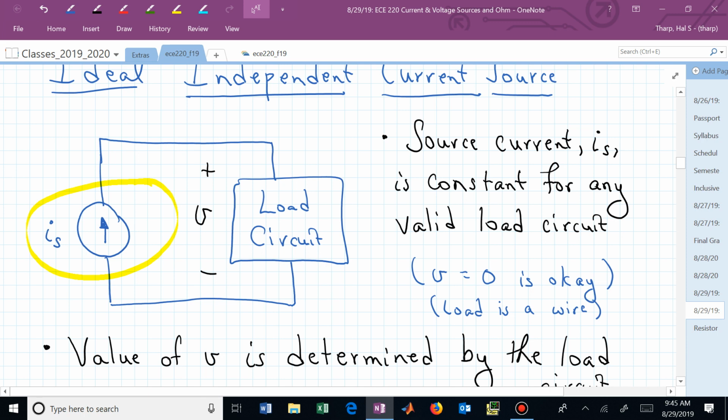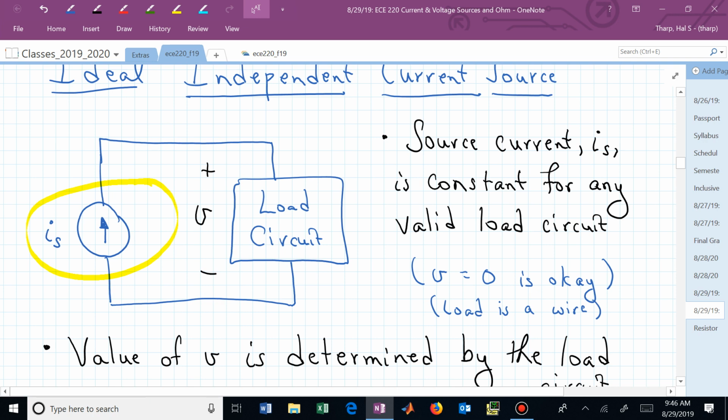Yes? This might seem silly, but how does that current remain the same even once you increase resistance and loads? So the question is, how does it keep giving the same I if we change the load? The first word, ideal. It doesn't care what you hang on to it.